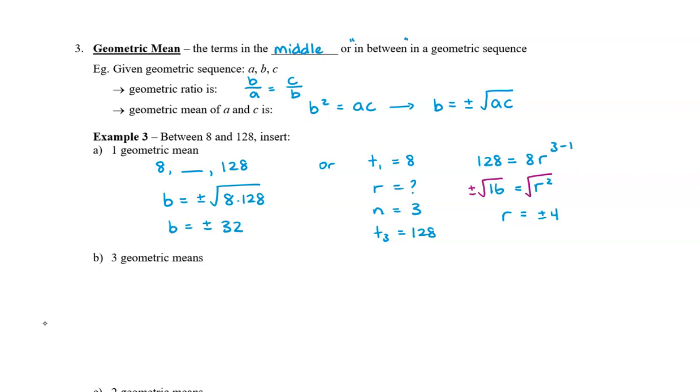Or we can go 8 times negative 4 to get negative 32, and then negative 32 times negative 4 will give us positive 128. So again, our middle term, or one geometric mean, or I should say 2 geometric means, is positive 32 or negative 32. All right, and you can try the other ones on your own.